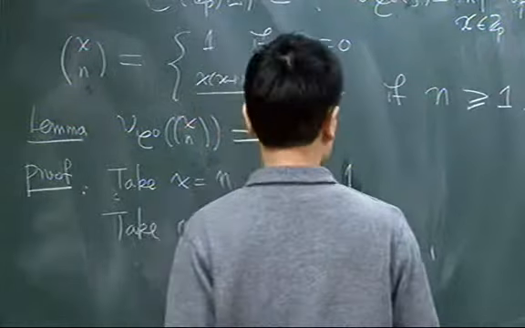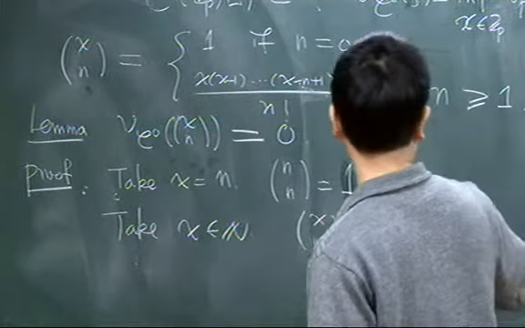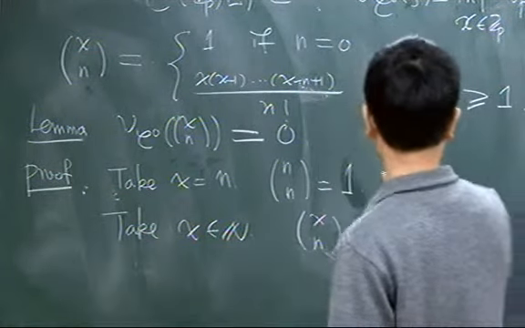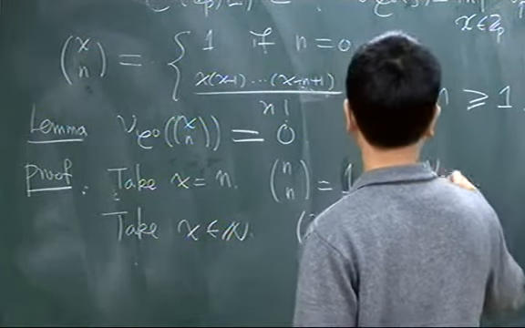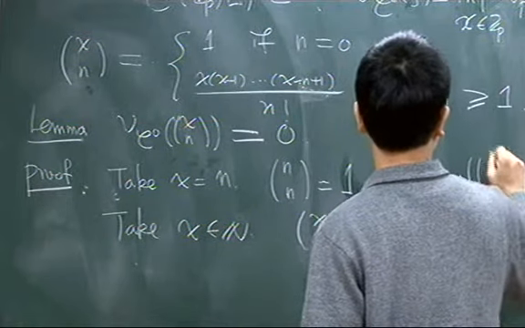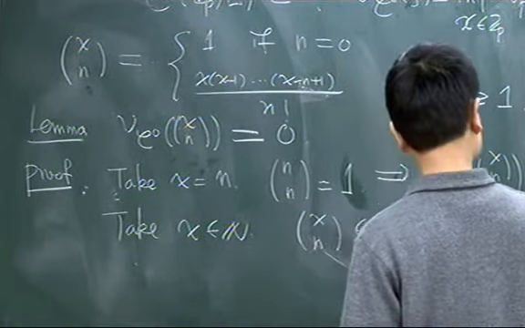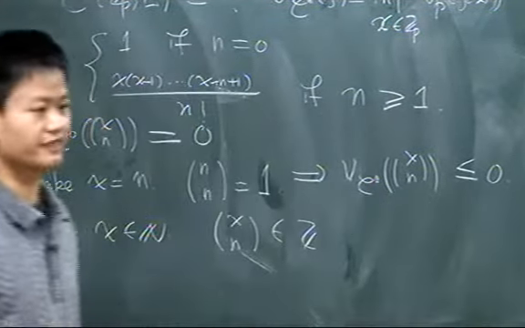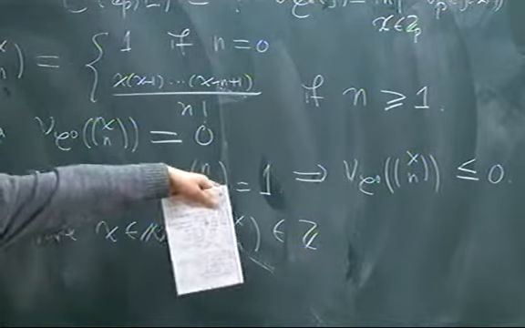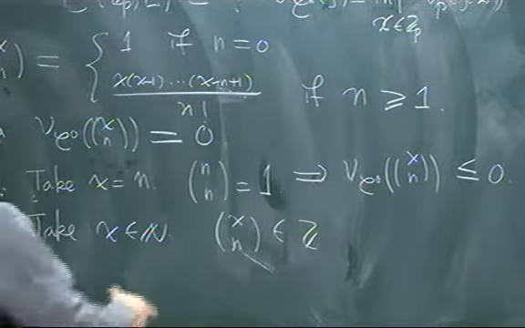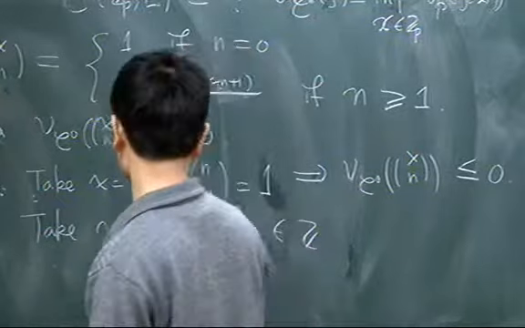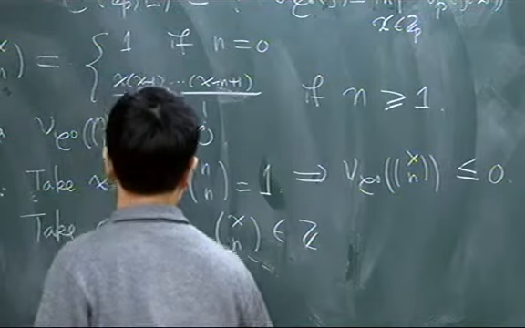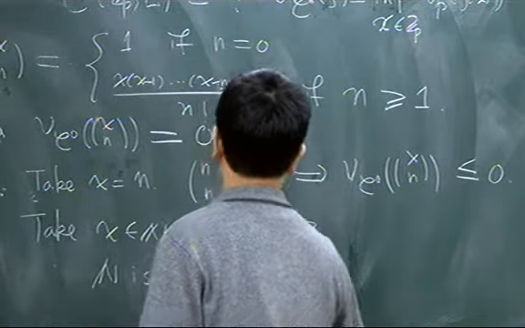From these two facts, the valuation v_C0 of x choose n is less than or equal to 0, because you take the minimum of this, and this is one of the values, which is 0. And this is contained in Z. Also we have N inside Z_p.